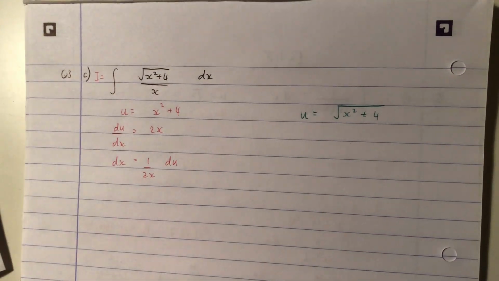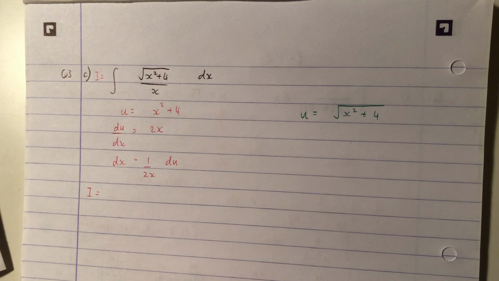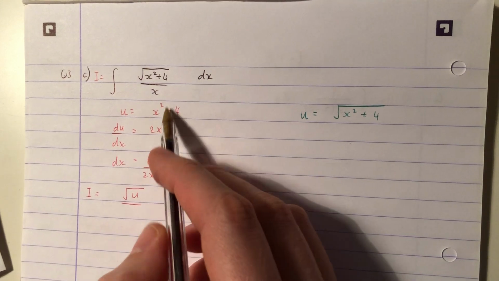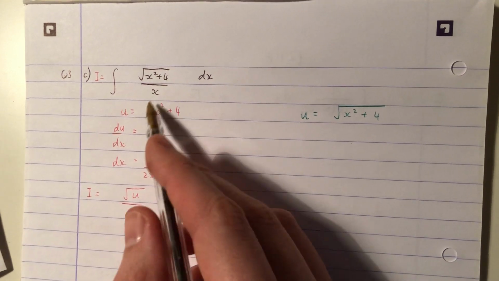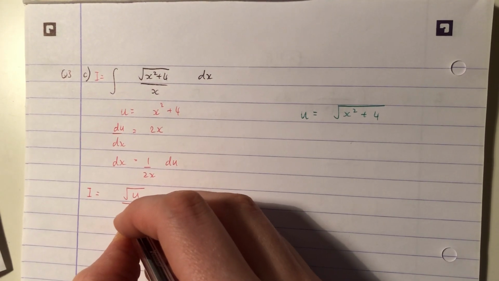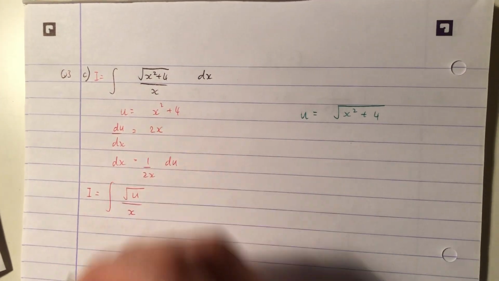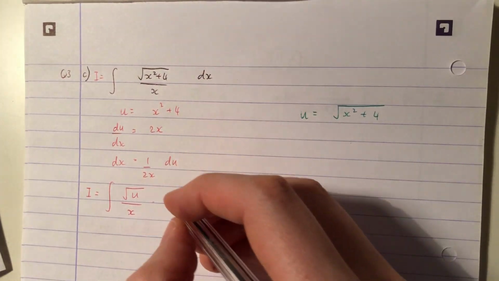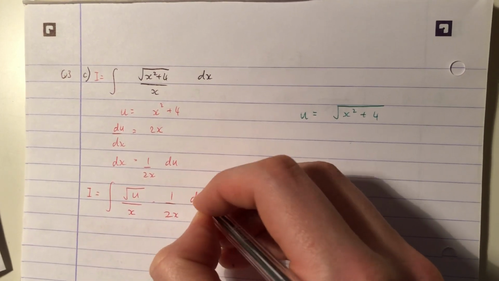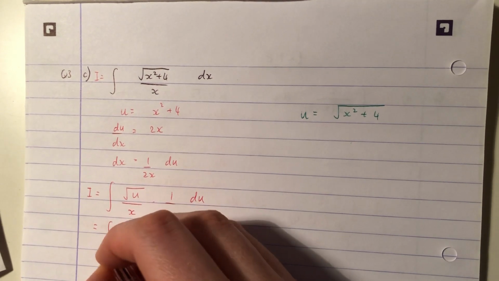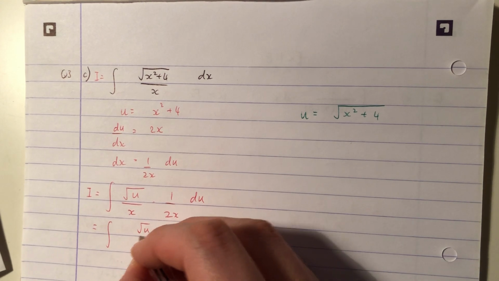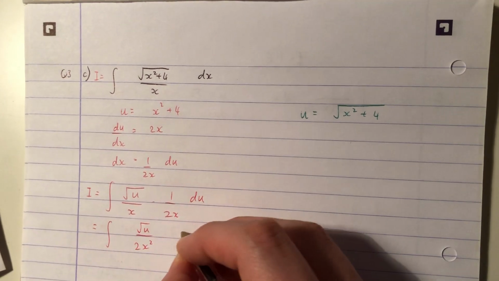And then call that integral I. I would be equal to the integral of square root of u over, again, it's not easy to make x the subject because I'd have to square root, and when you square root you do take plus or minus, so I'm not going to make x the subject yet anyway, so leave the x in there, times dx, which is 1 over 2x du, which is equal to the integral of root u over 2x squared du.